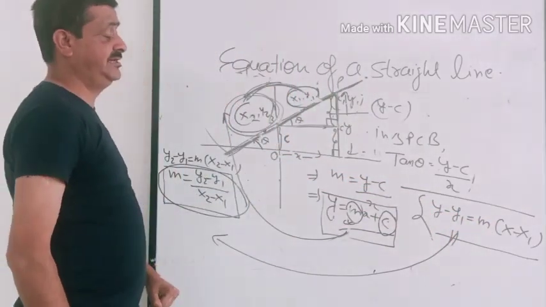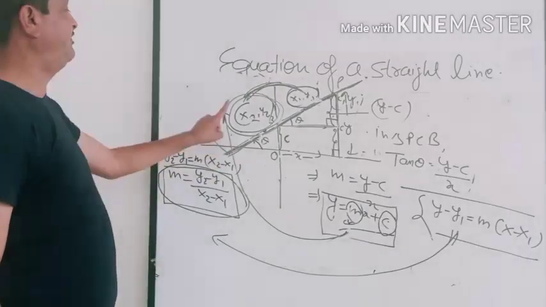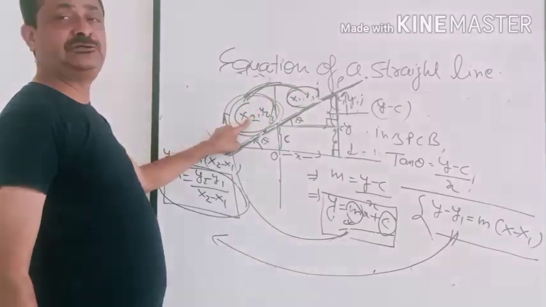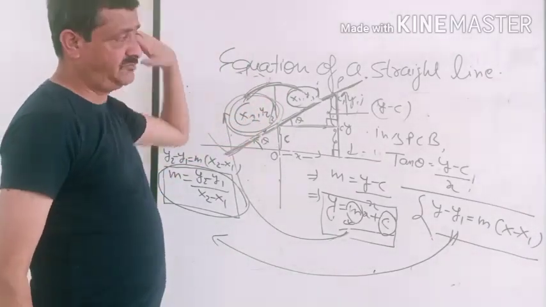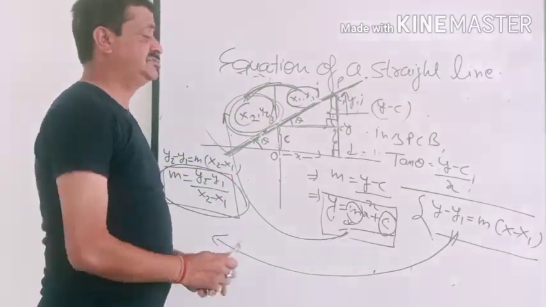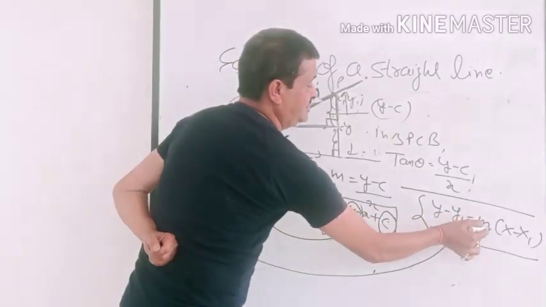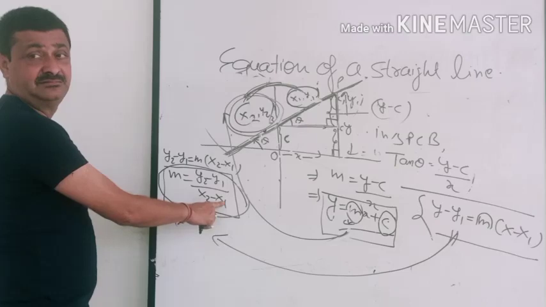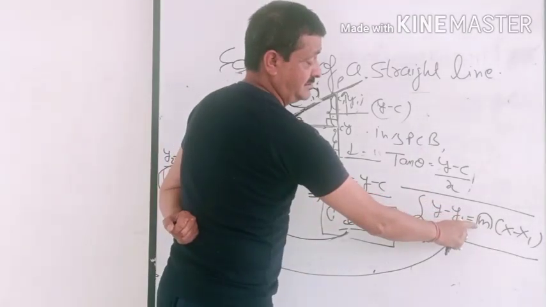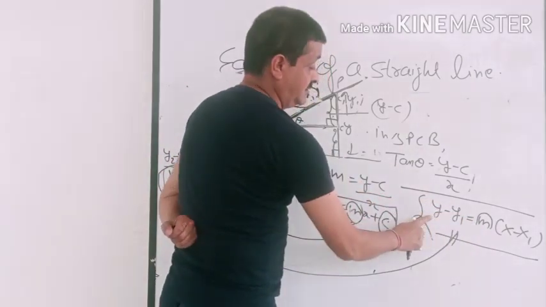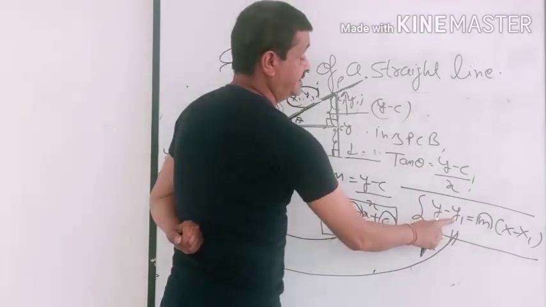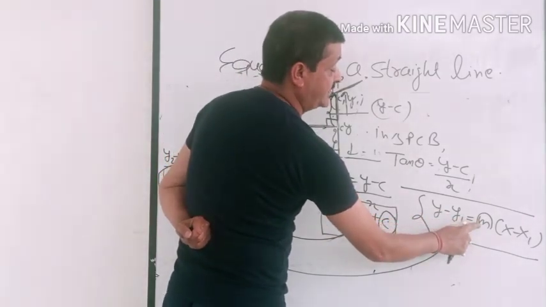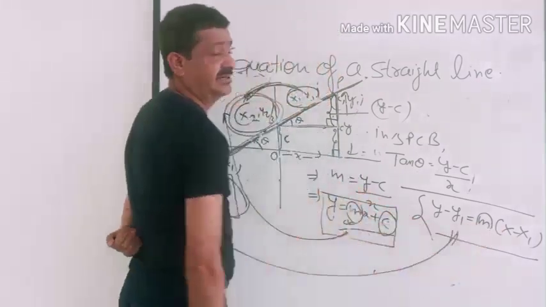Now I am telling you the third form of a line. If you have two points on a straight line, x1, y1 and x2, y2, you can directly find the equation of the line just by putting m is equal to y2 minus y1 upon x2 minus x1 in this relation. So the equation will be y minus y1 is equal to y2 minus y1 upon x2 minus x1 into x minus x1.